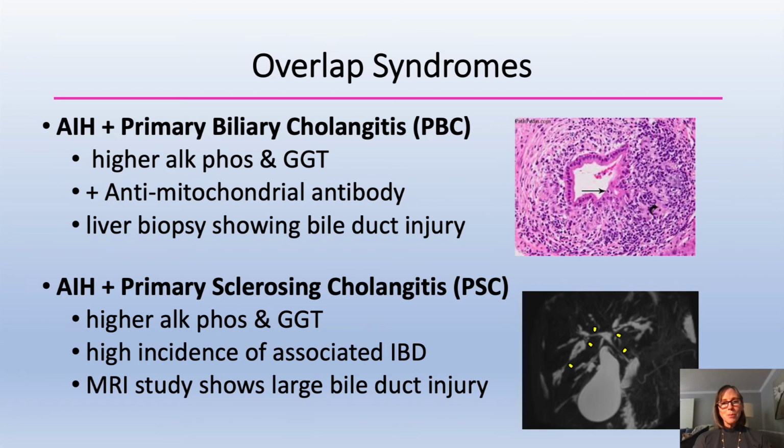And to diagnose the PSC component, a special MRI study known as an MRCP is warranted, and it shows the large bile duct injury shown on the right there with the yellow arrows pointing to multiple areas of narrowing or stricturing based on the scarring. So because of these known liver disease overlaps, another guidance statement suggests that you look for these diseases based on the characteristic findings that I've just detailed.